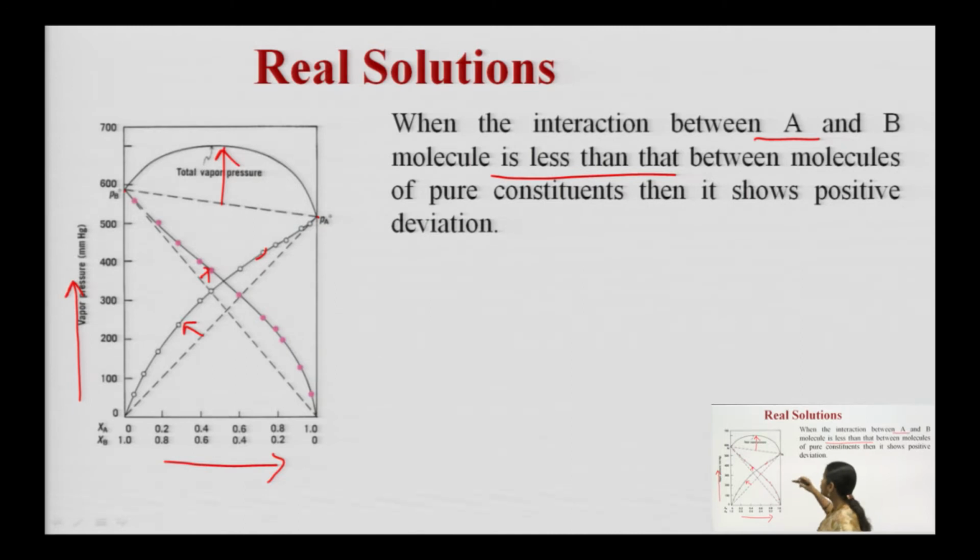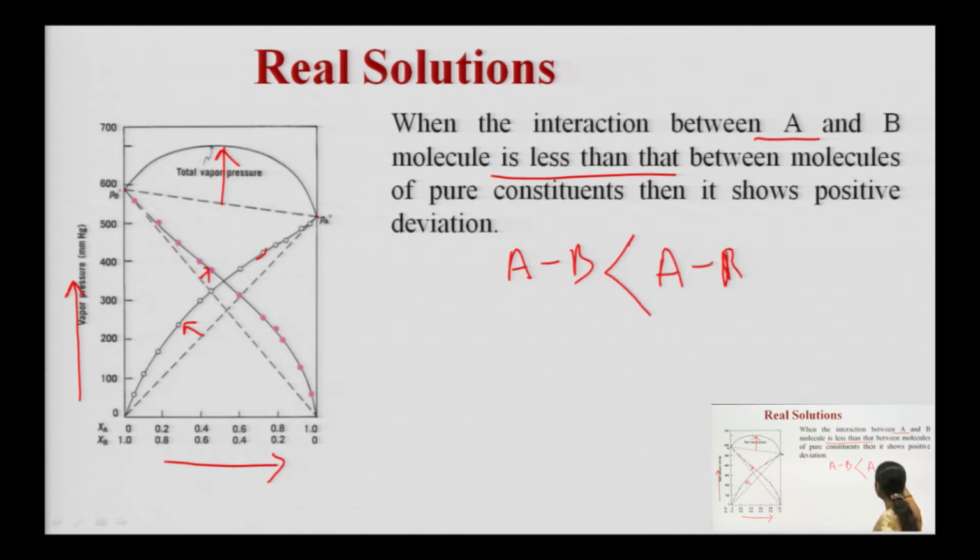So, as the vapor pressure is increasing, we can say that the interaction between A and B is less than the interaction between AA and BB. So, it shows positive deviation, which means it will not allow the formation of the solution.